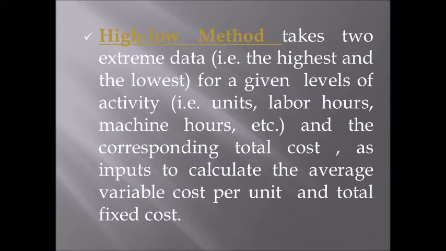So when we have a set of data about the level of activity and their corresponding costs, we determine the highest and the lowest level of activity for the set of data and their corresponding total cost to calculate the average variable cost per unit. Once we know the variable cost per unit, we can calculate the fixed cost.